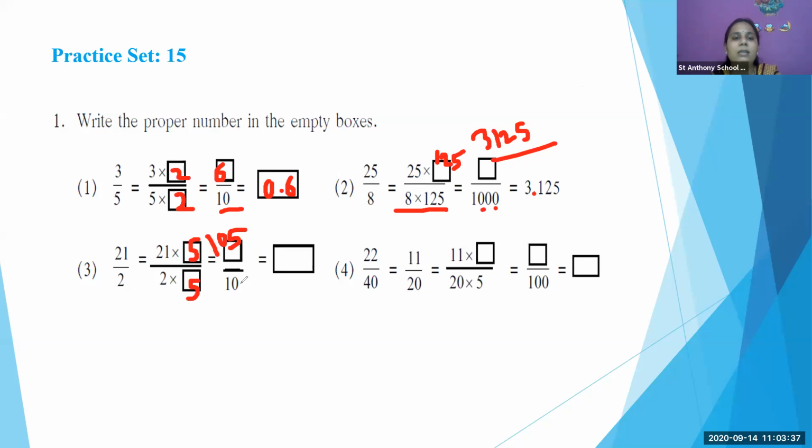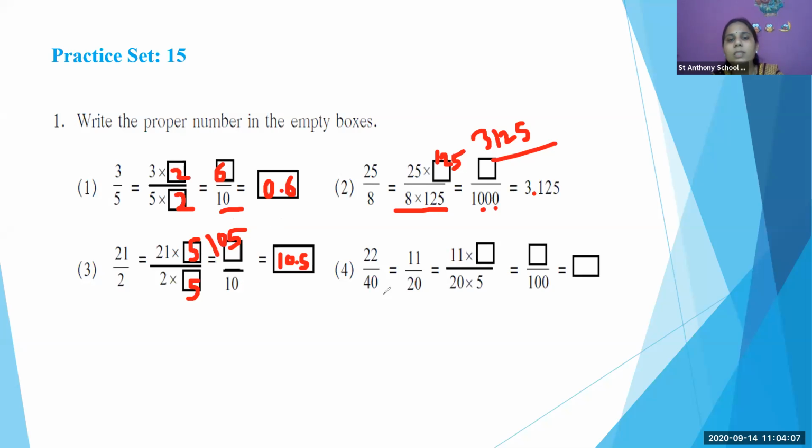Only 10 is there in 10, so I will put my decimal point after 10, before 5. So 10.5. Why 10.5? Because after one digit I am supposed to put the decimal point.